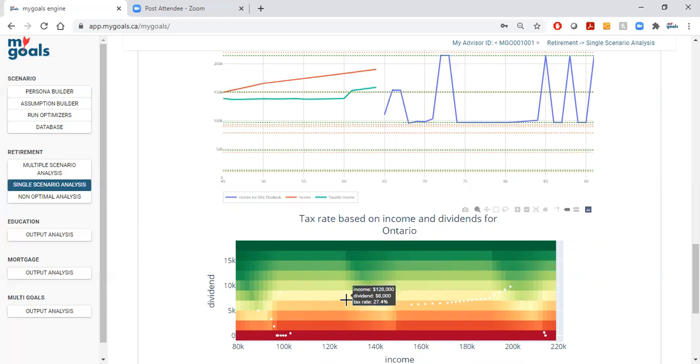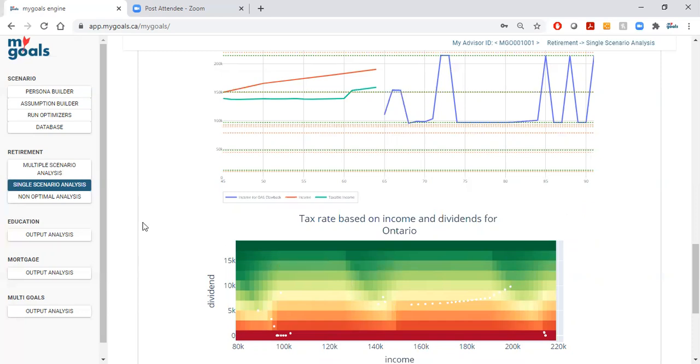Adding another 2,000, the tax rate continues to fall. So it could still be optimal to invest in eligible dividend paying stocks, let's say, knowing that the dividend tax credits in Ontario and in BC and a few other provinces and territories are exceptionally generous.